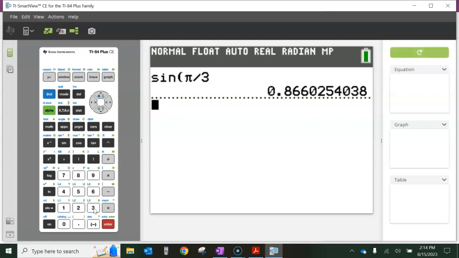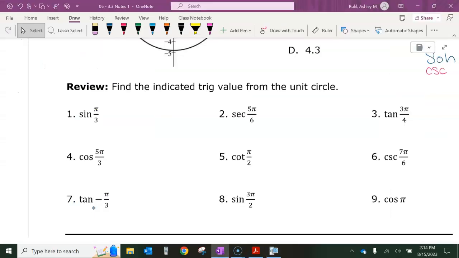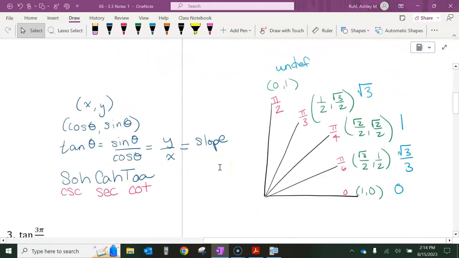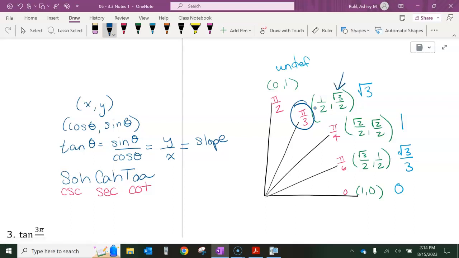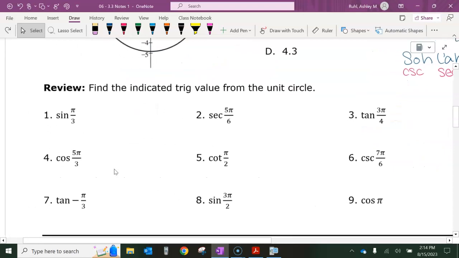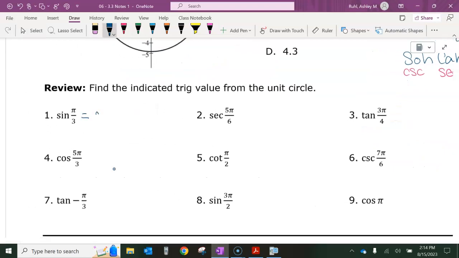No decimals, exact. So I would have to look at my unit circle and find pi over 3, which is right here. And I need to know what is the y coordinate I'm given, which is root 3 over 2. So that's my answer: square root 3 divided by 2.